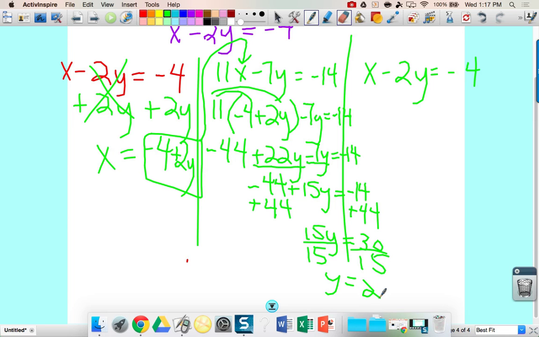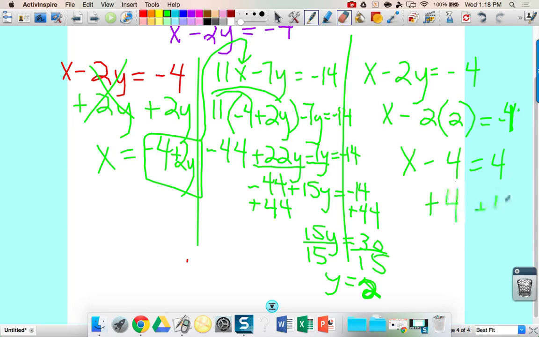So since y is 2, we have to substitute that in for y. So x is 0. So our solution is 0, 2. And you need to check it.